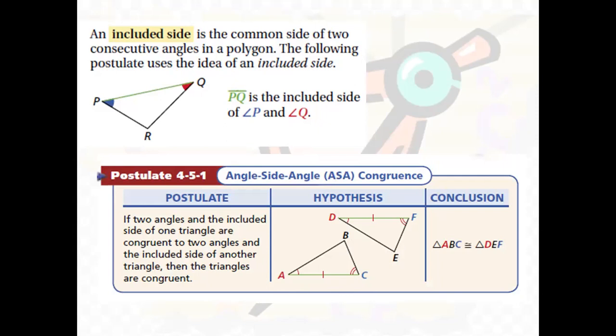In simple words, if you have two angles on either side and the line connecting both of them equal to another triangle's, then both the triangles are equal.